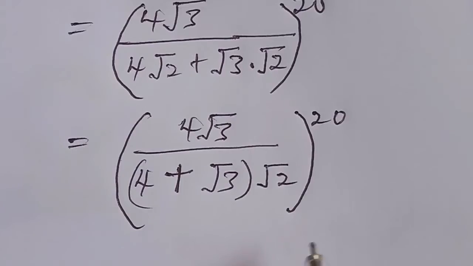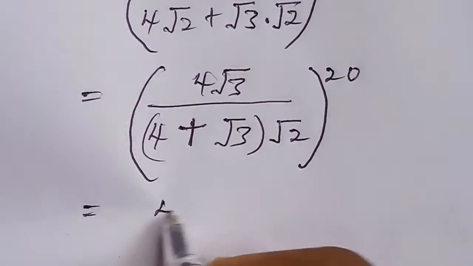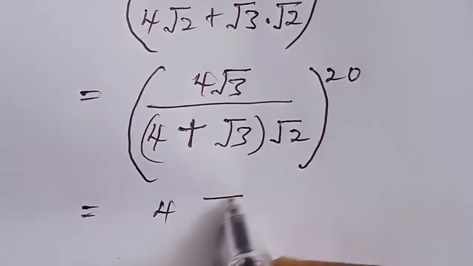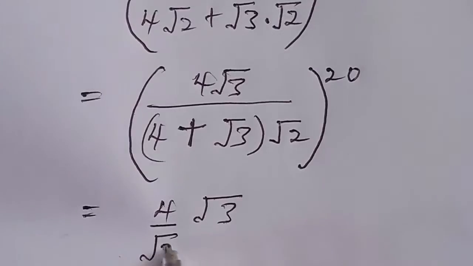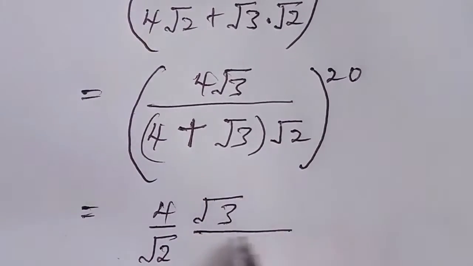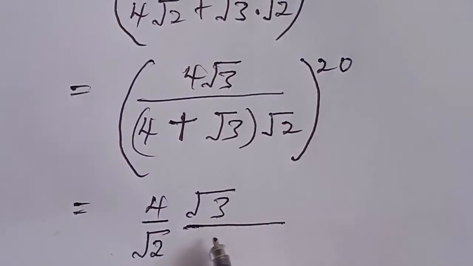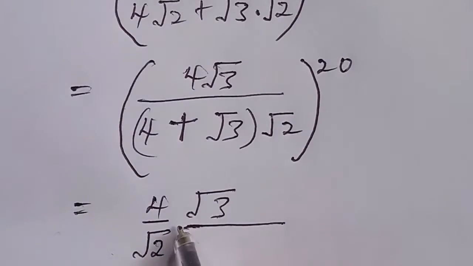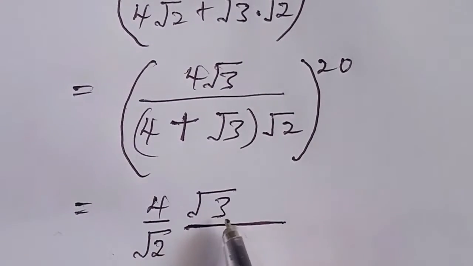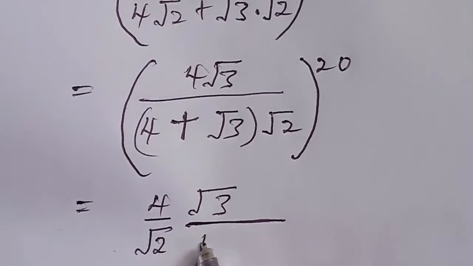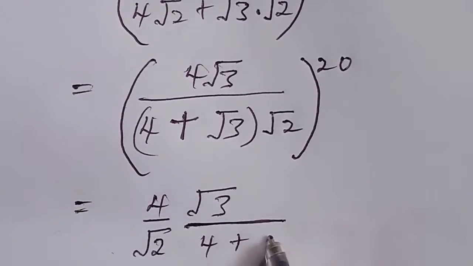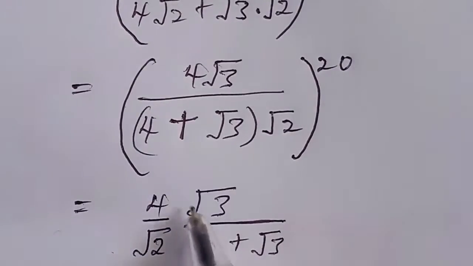Now from here this can be written as equal to 4 square root of 3 over square root of 2, everything, 4 over square root of 2, then multiply by square root of 3 over 4 plus square root of 3.